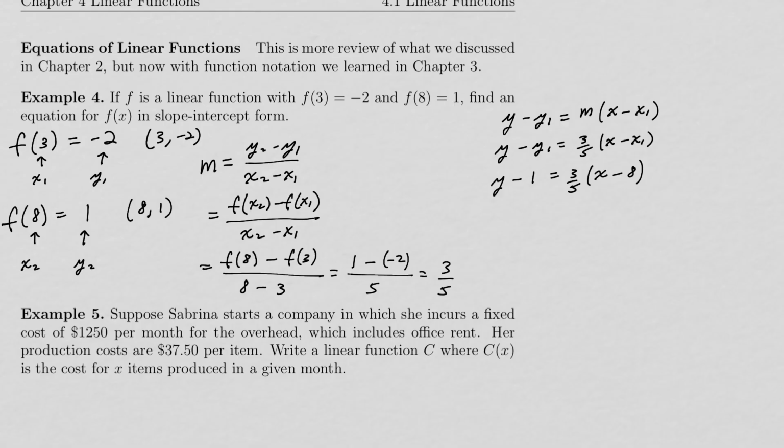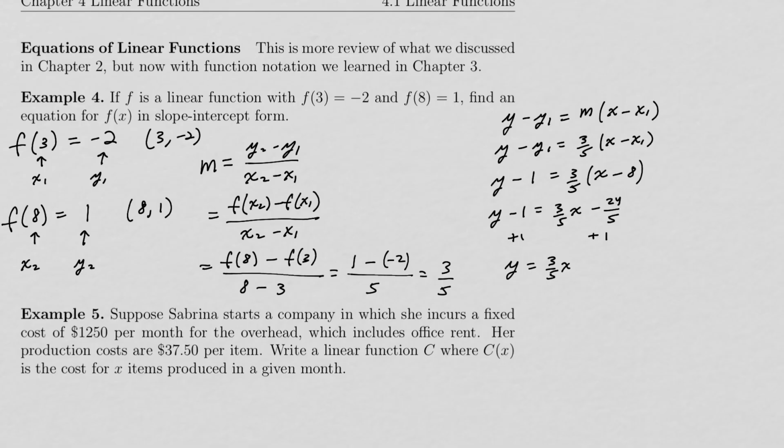And then if I distribute the 3/5, this is going to be 3/5 x, I guess minus 24/5. And then to get it in the slope-intercept form, I need to solve for y, so I'm going to add 1 to both sides. So I'm going to have y equals 3/5 x. What's negative 24/5 plus 1?